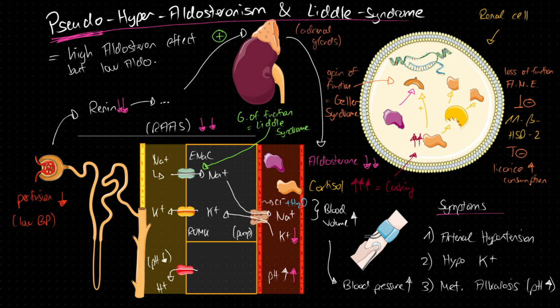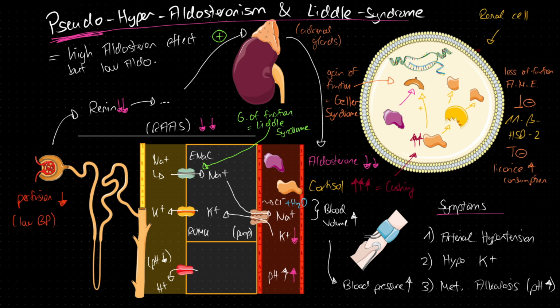In pseudo-hyperaldosteronism, our today's topic, both renin and aldosterone are decreased. Let's summarize today's topic. First, pseudo-hyperaldosteronism mimics primary hyperaldosteronism, but with suppressed renin and aldosterone levels. If you want to learn more about primary hyperaldosteronism or Conn syndrome, you may check out this video over here.